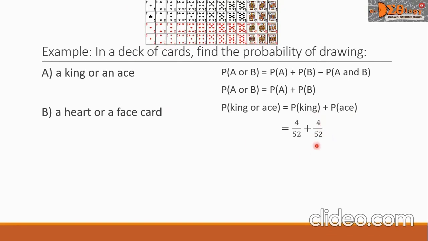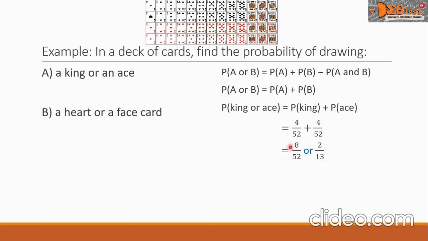And then, when we simplify, we can see that the denominators are the same. So we can operate the numerators. 4 plus 4 will be 8 over the same denominator, 52. And when we simplify this, it is now equal to 2/13.